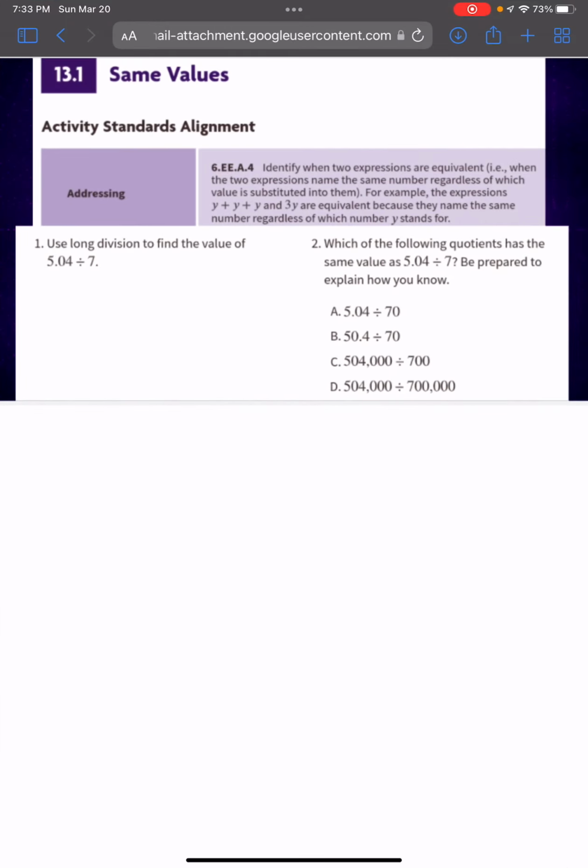Okay, guys, I'm going to show you 13.1 again, the whole reason why we're doing this. 5 and 4 hundredths divided by 7. So we're on step 2 now. 5.04 divided by 7. And there's a decimal here, so I'm going to put it here so that I don't lose track.